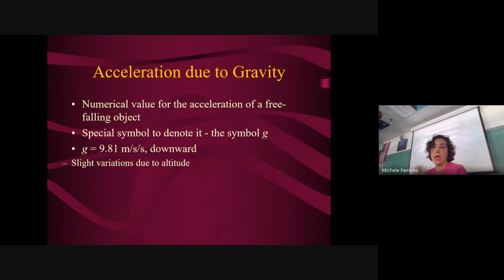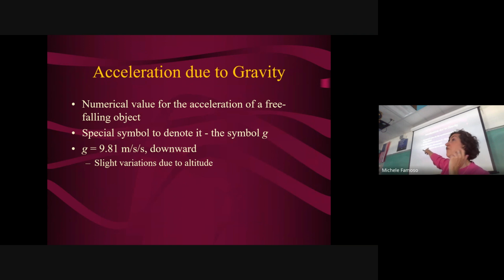Now, this value of 9.81, just to be ultra technical about it, is not the value that we have here in Albany. We're a little bit above sea level. 9.81 would be the value at sea level. We see slight variations in this due to altitude. The higher up you go, the smaller that number becomes.